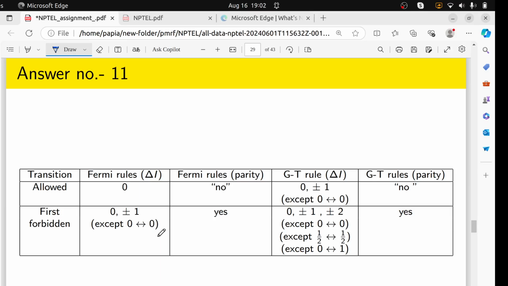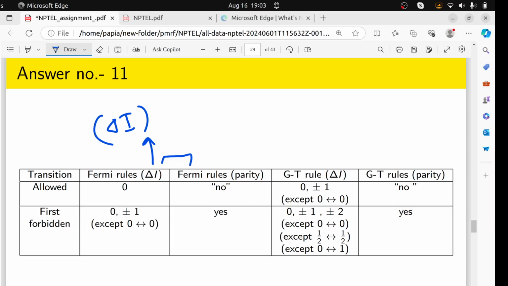Now coming to Fermi rules. Fermi rules is what? I have written here delta I. So delta I should be 0. If it is 0, then it will be allowed. These two should be satisfied simultaneously.